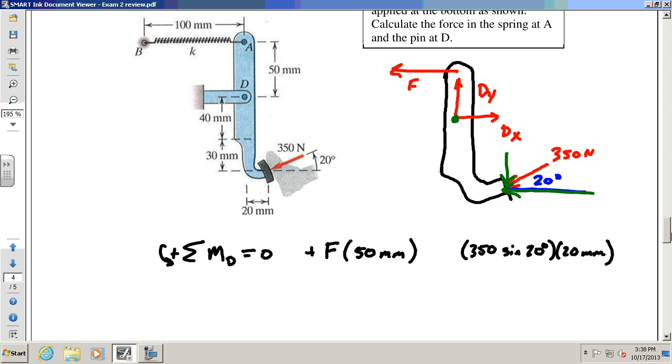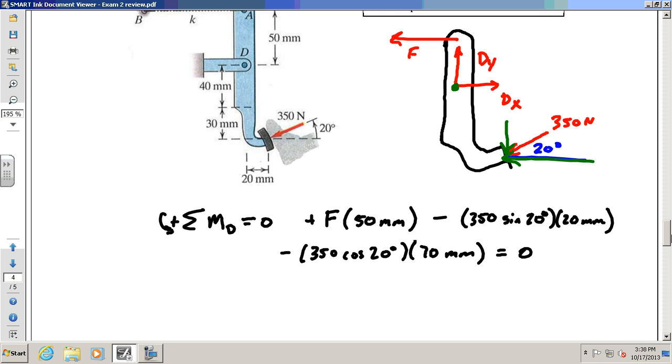It creates a negative moment about D, so it's going to be negative. Also the horizontal force is 350 cosine 20 degrees, and it has a perpendicular distance to D of 70 millimeters. It is also negative about D, and that equals 0. So that enables you to directly solve for F.